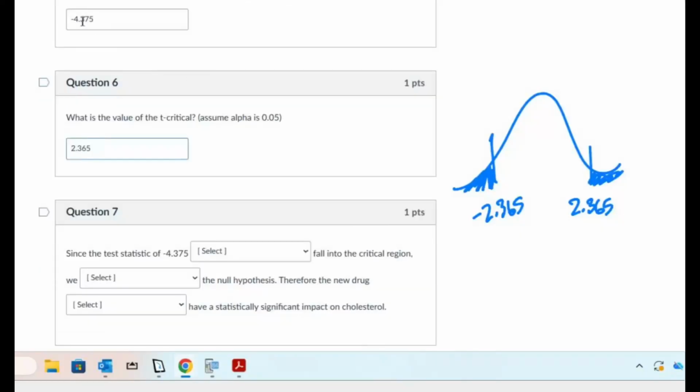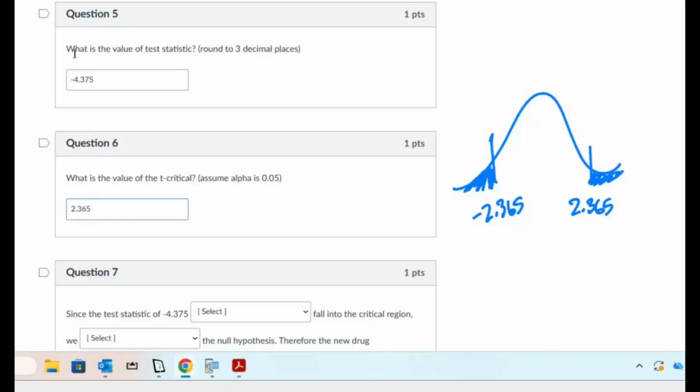If you remember, our test statistic was negative 4.375. So negative 4.375 is outside, or more negative than negative 2.365. So it is in the critical region.